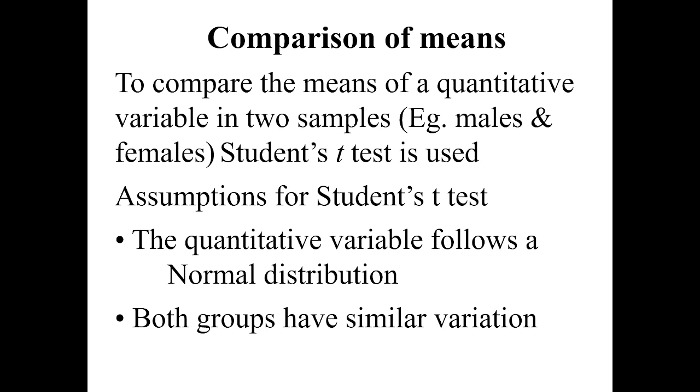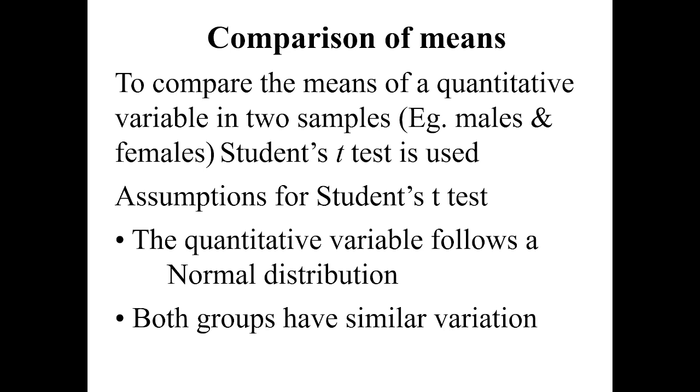For this test, we have to have two assumptions met. One, the quantitative variable follows a normal distribution, which is fairly straightforward and most often not an issue if you have a large sample size and there are no extreme variations, so it tends to behave like a normal distribution.